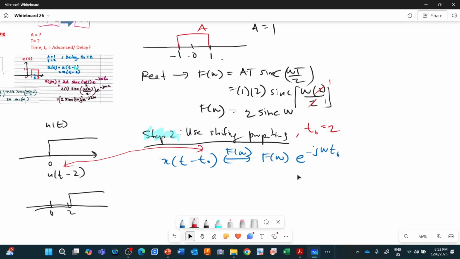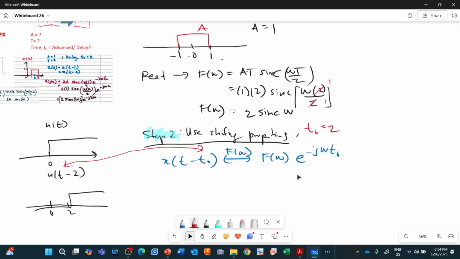So what do you have? Therefore, t naught equals minus 2. Why minus 2? Substitute only. So if we have t minus minus 2, you get x(t + 2). Same.